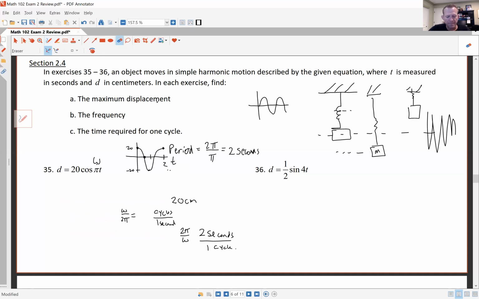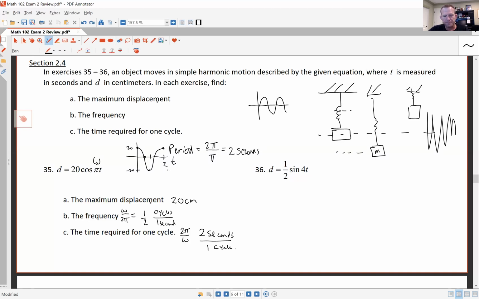So omega is pi, divided by 2 pi gives us a half. So we say the frequency is a half cycles per second. Usually it's measured in hertz, half a hertz.